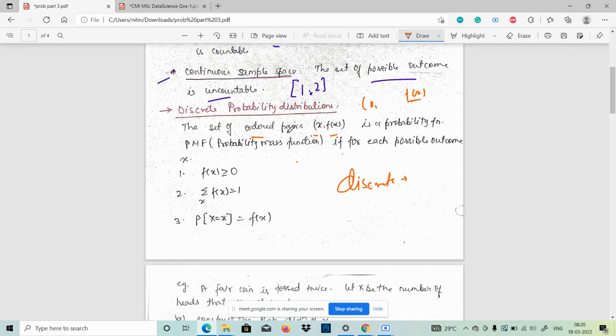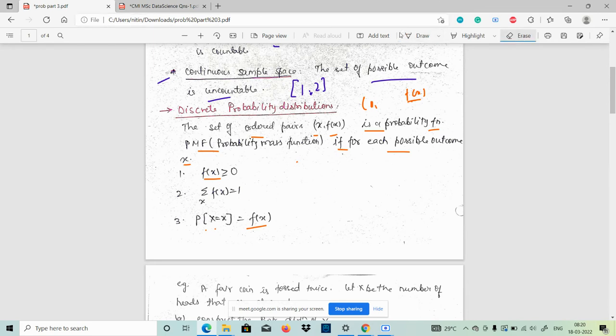This is defined as a probability function, a PMF, if for each possible outcome x, f(x) is greater than or equal to 0, and the summation of f(x) is equal to 1. Let's understand each thing step by step.